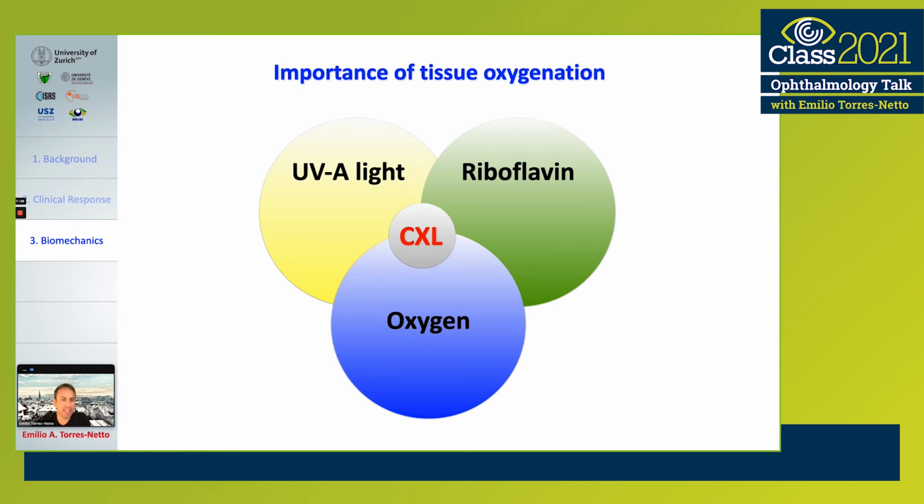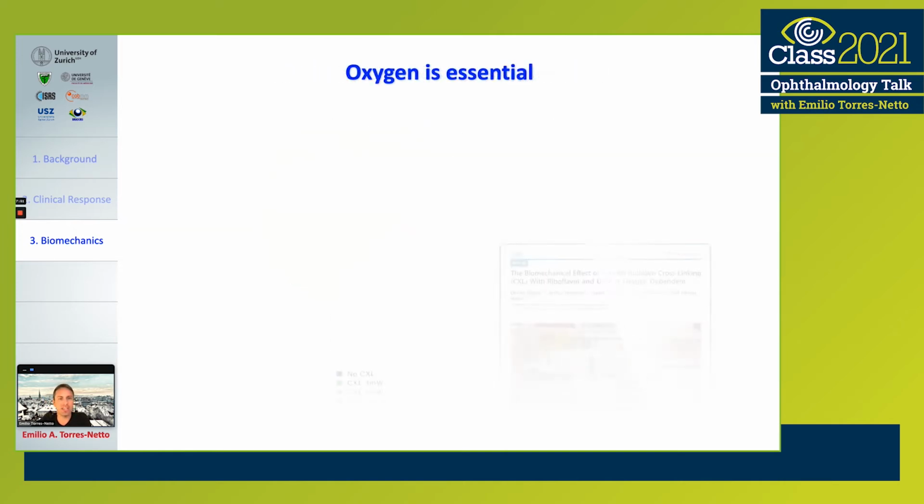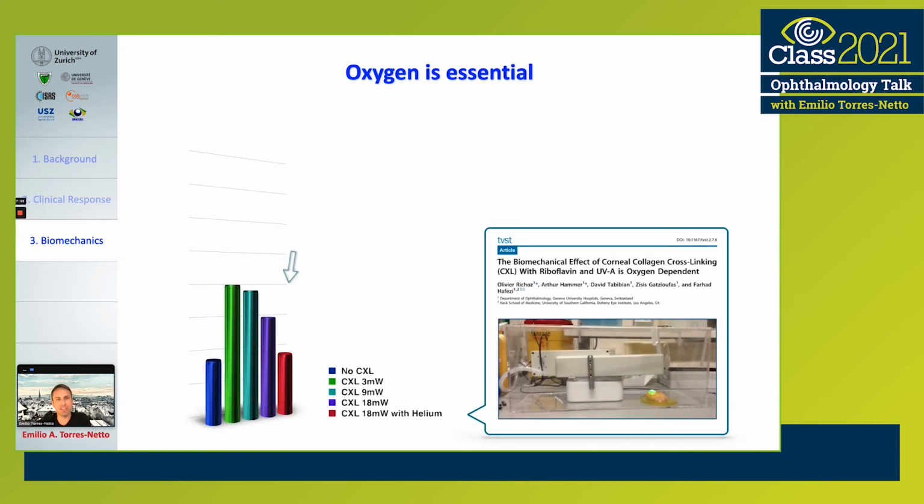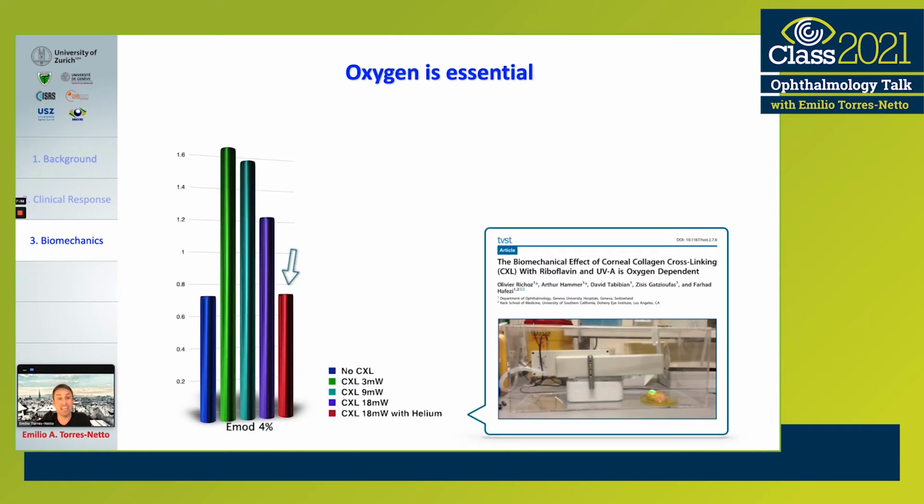So now we know that oxygen limits the cross-linking reactions, and oxygen is essential. In the right column you observe the stiffening effect in corneas in which cross-linking was performed without the use of oxygen, so in a chamber with helium, as the image shows.